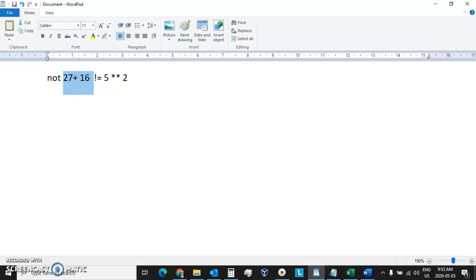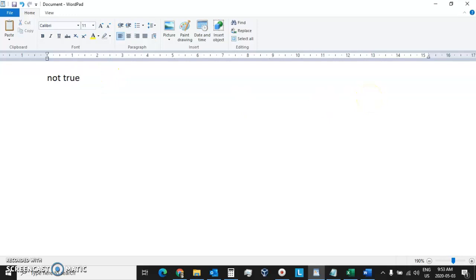Am I doing this correctly? Yes, 43. And then we have 5 exponent 2, so 5 times 5. That's 25. So 43 does not equal 25. This operator in the middle means not equal, so that is true.